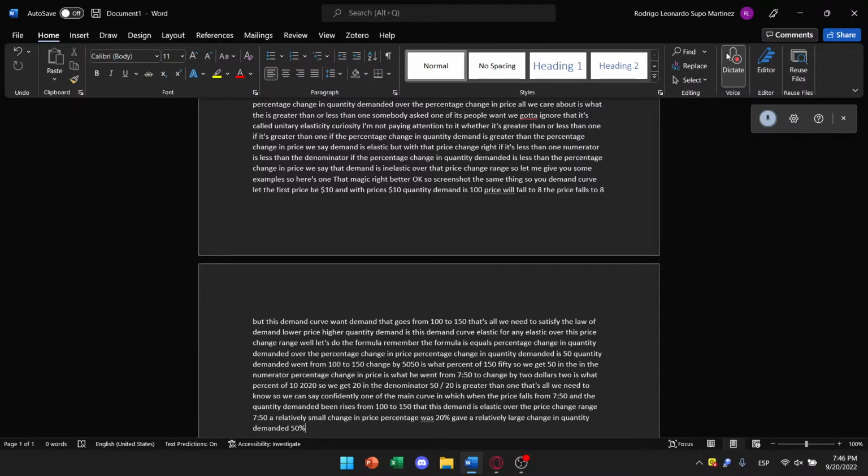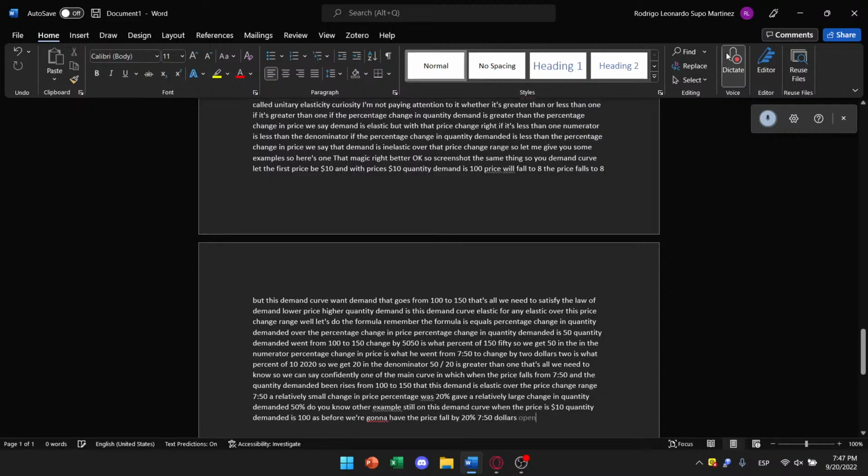Let me give you another example. But still, on this demand curve, when the price is $10, quantity demanded is 100. As before, we're going to have the price fall by 20% from 10 to $8.